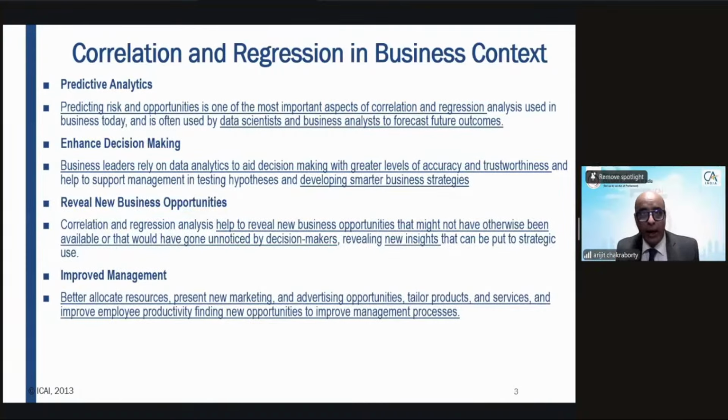All of you have a good idea of management. So managing resources tactfully, efficiently, effectively to meet business goals, objectives. So how to allocate resources, how to improve marketing, how to optimize advertisement expenditure. So that means there is always a certain relation between advertisement expense, revenue and profitability.